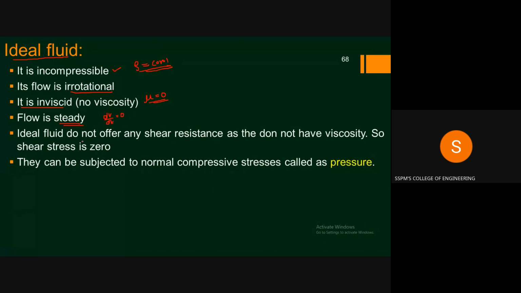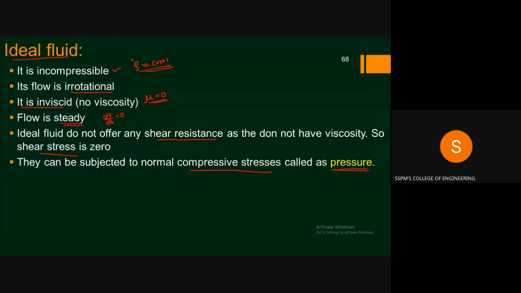Then an ideal fluid does not offer any shear resistance as it does not have viscosity. So shear stress is zero in the case of an ideal fluid, and the ideal fluid can be subjected only to normal stresses or compressive stresses. This compressive stress is called pressure. So these are some properties of the ideal fluid.